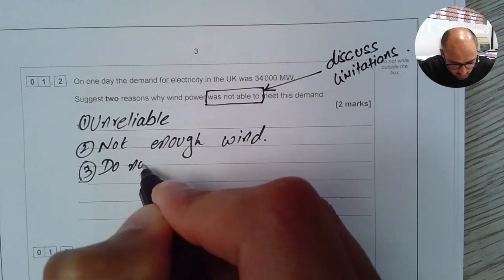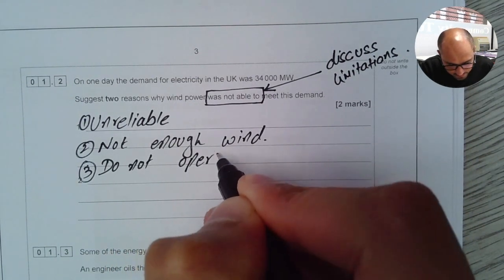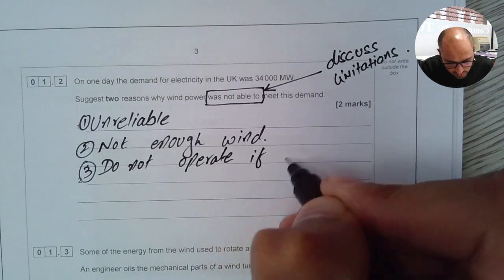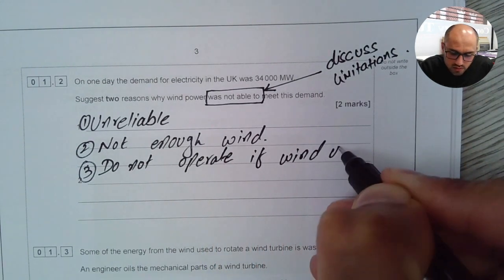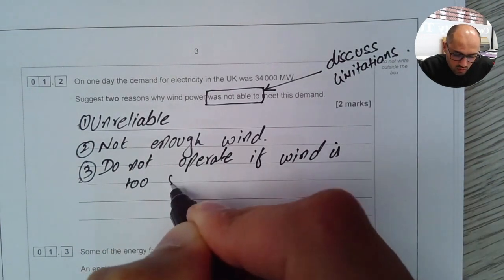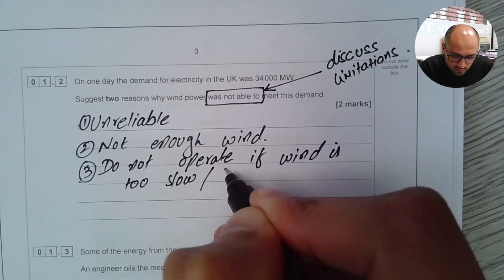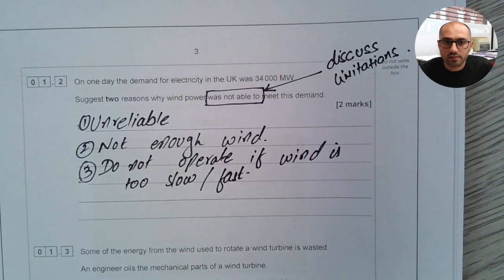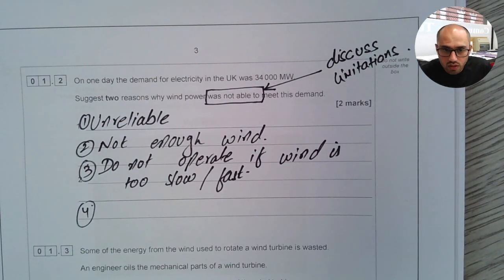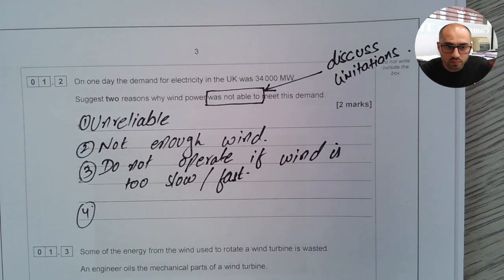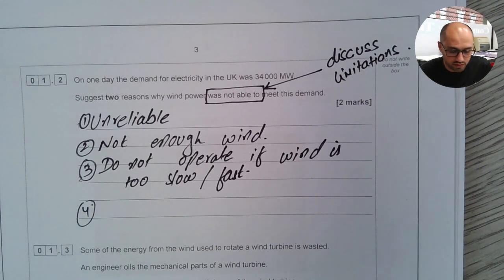Do not operate if wind is too slow or fast. We can also recall that they do not produce a lot of electricity because they have very low efficiency.